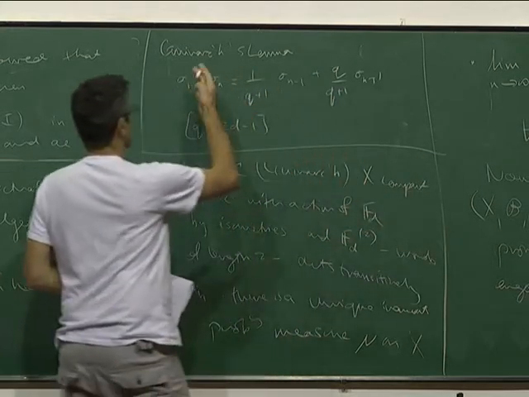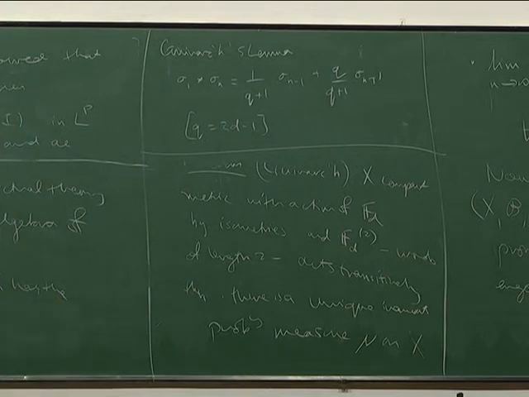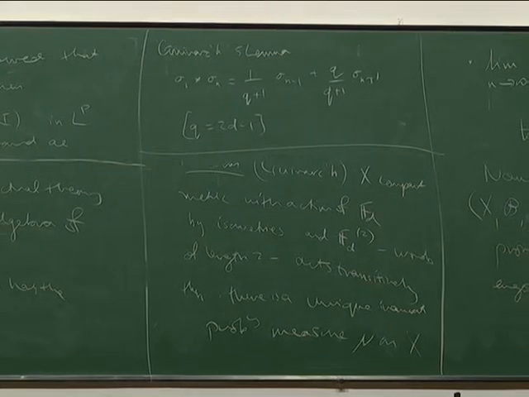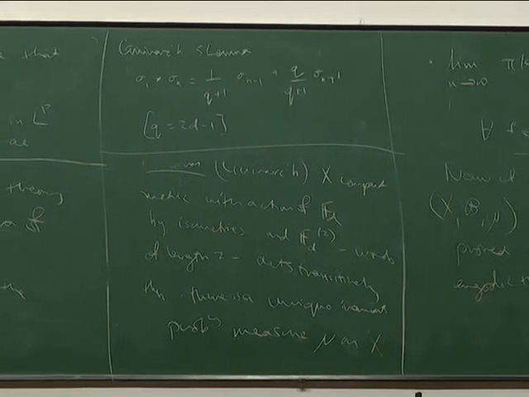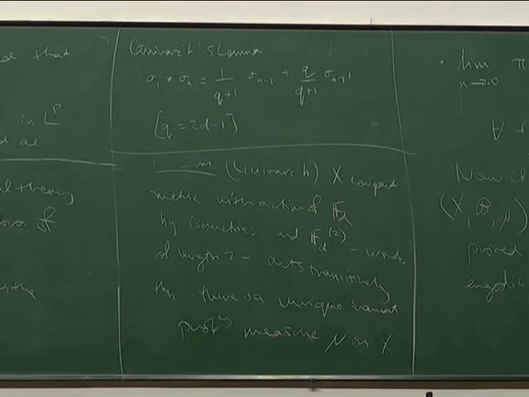That tells you what the commutativity of the sigma i's look like, and then you can work out the spectrum of that algebra in a very clear way, and that's sufficient to be able to prove the pointwise ergodic theorem.